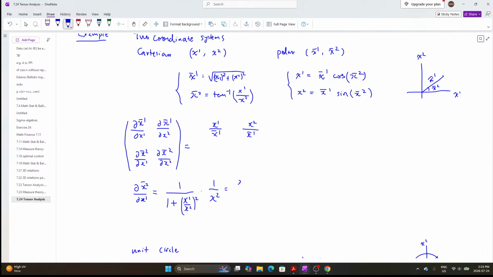This way you get x^2 squared over x^1 quantity squared plus x^2 quantity squared, times 1 over x^2. So one of the x^2's cancels, and you just get x^2 over x^1 squared plus x^2 squared, which is exactly x bar^1 squared. So you put an x^2 over x bar^1 squared downstairs.